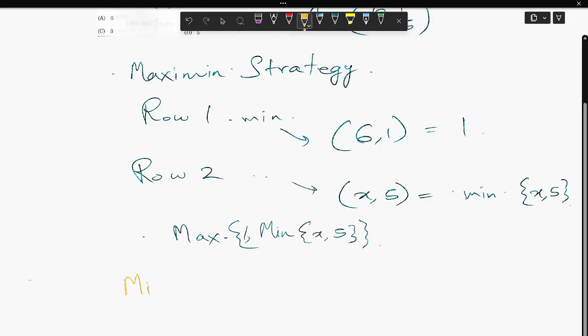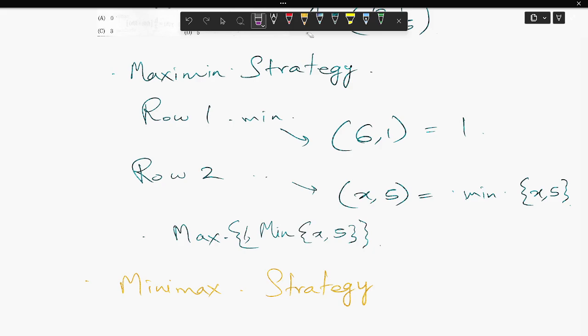So this is the column player's worst case minimization.